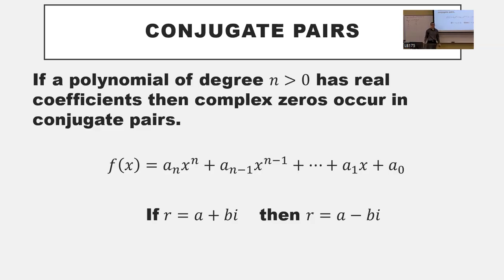When we were factoring quadratics and getting the zeros for quadratics, solving quadratic equations, getting the zeros of quadratic functions, we saw that if our polynomial had real number coefficients, then the complex number zeros have to occur in conjugate pairs.